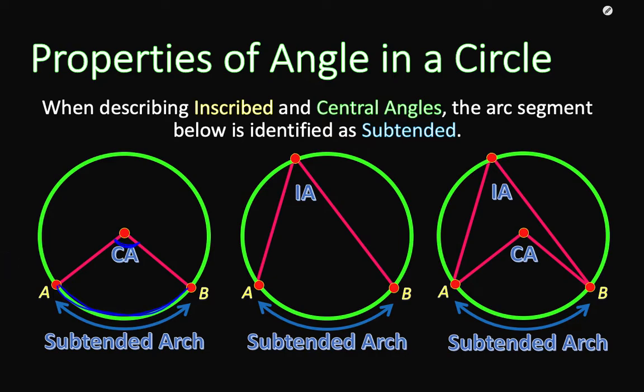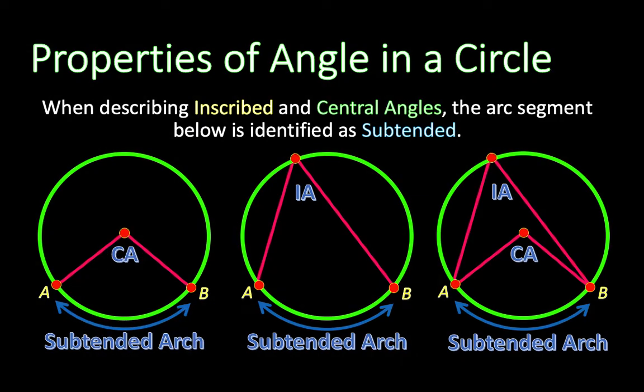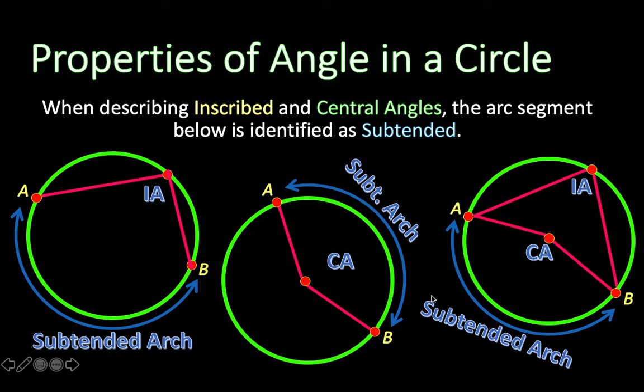If we wanted to talk about the major arc, that would be this arc right here, which would then tell us about this angle right here. Normally, though, we're going to work with the minor arc, and we can use the word subtended for that. So, all of those are subtended arcs.